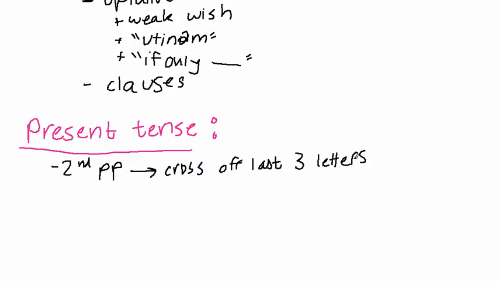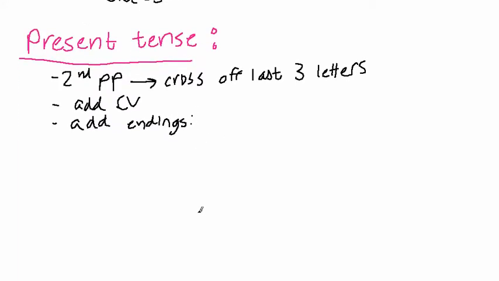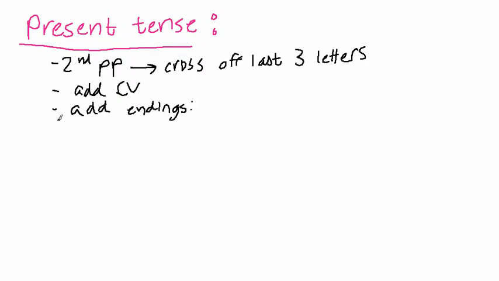You're going to add a special connecting vowel. Add CV, special connecting vowel. And finally, you're going to add the endings. Here, let me add endings. And I'll draw a chart for this. And they're almost exactly the same as the regular present tense, the indicative present tense.